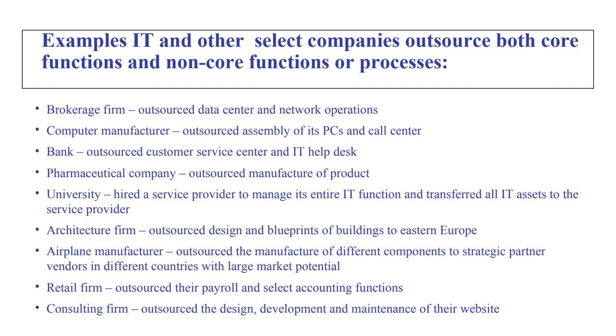A computer manufacturer outsources assembly of the PCs and call center. A bank outsources its customer service center and IT help desk, and so on. A university hired a service provider to manage its entire IT function, and it transferred all IT assets to the service provider.